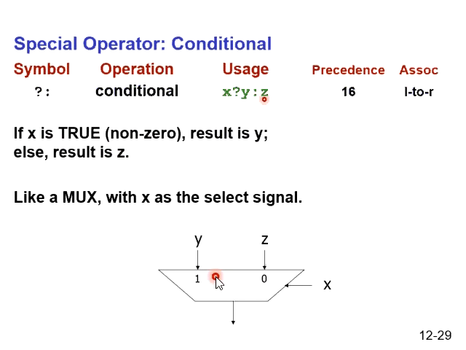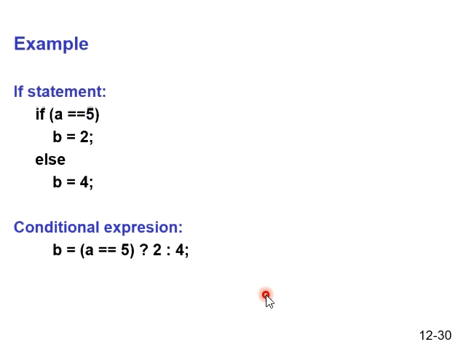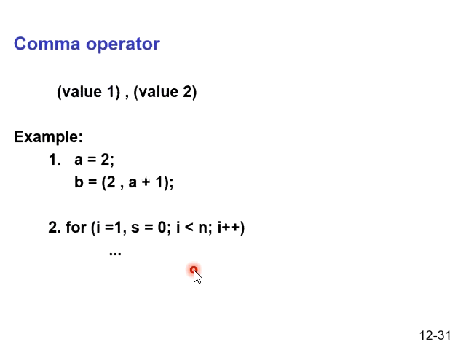Over here you have a mux. Instead of writing this, you can write this, the same. With the comma expression, you have two expressions.